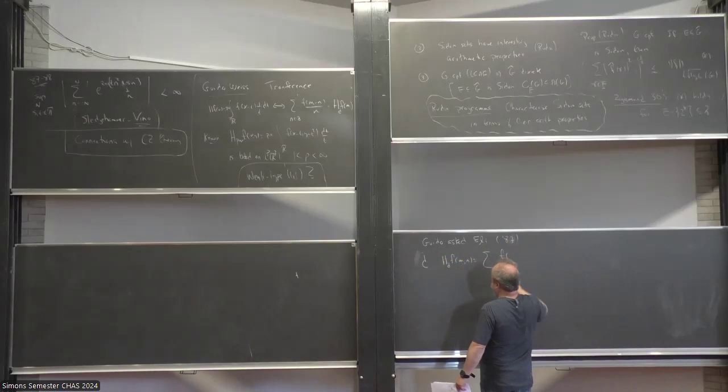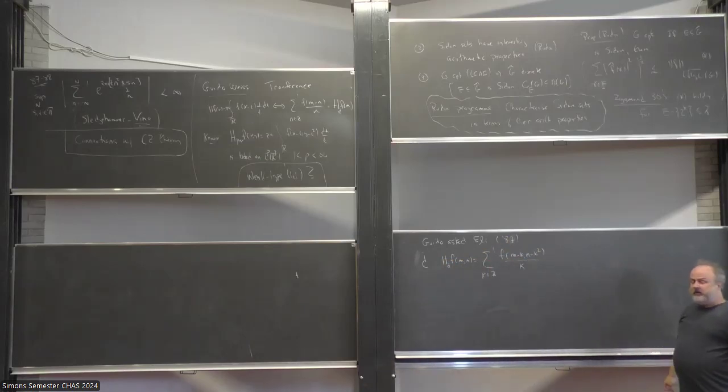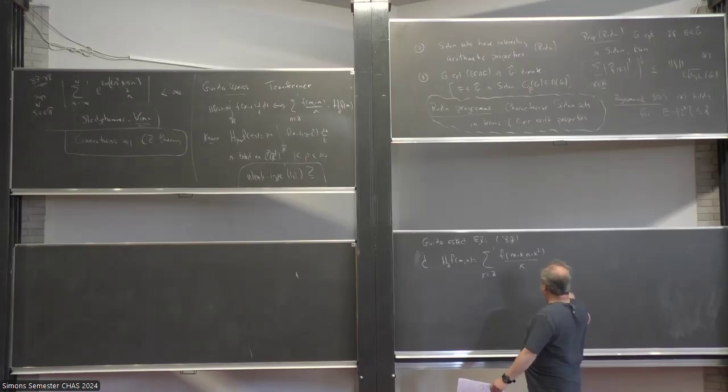So now I'm looking at f of m minus k, n minus k squared. I'm dividing by k. I'm summing over all the integers k, but not k equals 0. Is this bounded on LP of Z2?